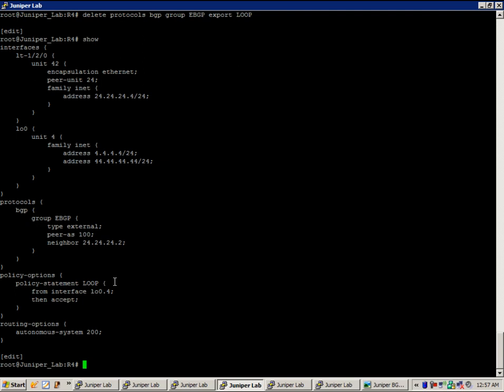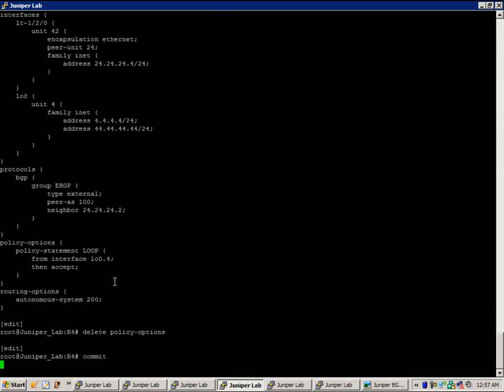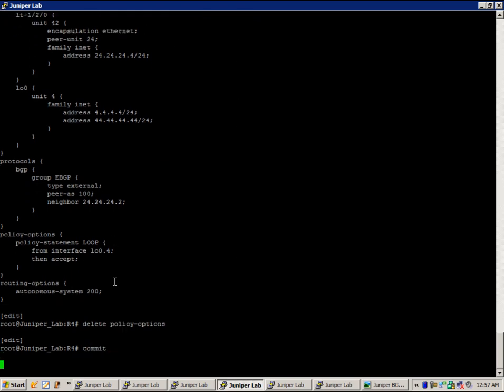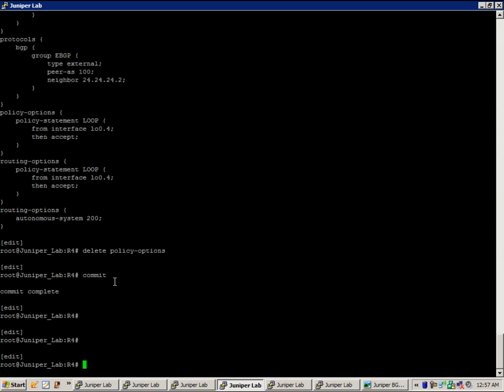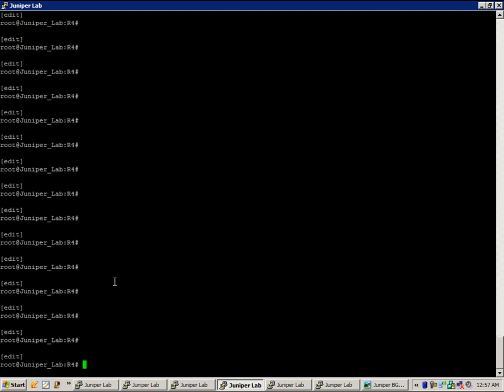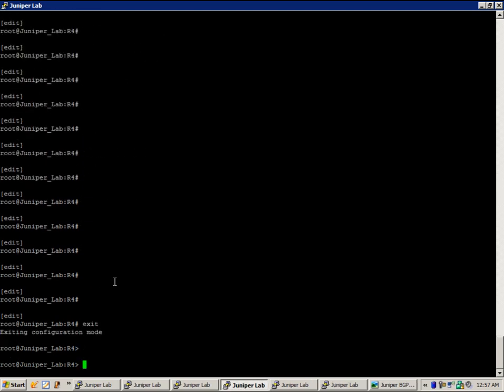We'll do a delete policy options, and we'll go ahead and commit that. So I left that in there from when I was practicing this lab, but I want to show you exactly what we're going to be doing. We're going to create a simple routing policy, export our loopback 0.4 interface into our eBGP. We're going to send those prefixes, the 4 and the 44 network, to router 2.